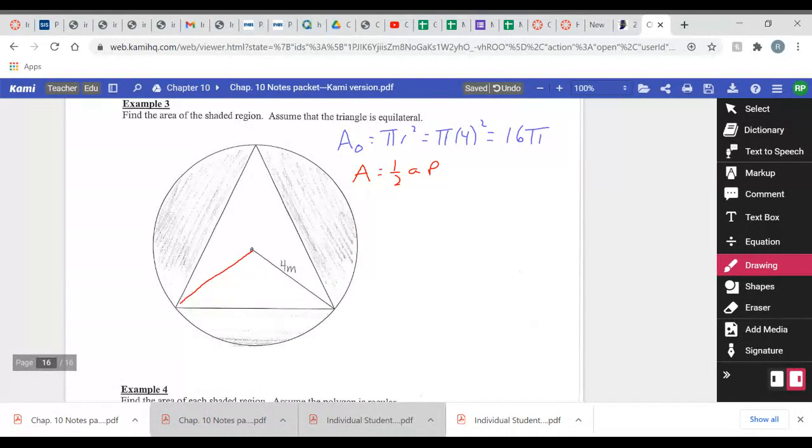This whole angle is 360 divided by the 3 sides, which is 120. If I draw the apothem down the middle, 120 divided by 2 is equal to 60. So I know that is 60 and that is 60, and these angles are both 30. So that 4 is the hypotenuse.